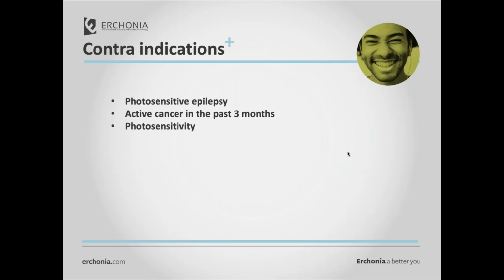And photosensitivity. Some people are sensitive to light, and some people find that light actually causes them damage. So we don't use it there. We have then a number of things that we call advisories, and advisories are areas where we would say, okay, we need to think about whether we're using them or not, especially when it comes to menstruation, because these lasers increase the blood supply, or the available blood supply to the area.